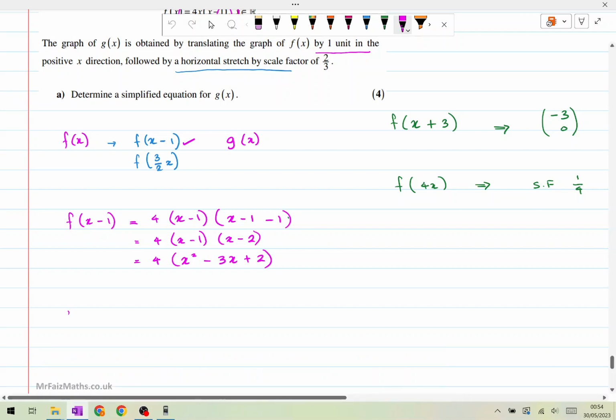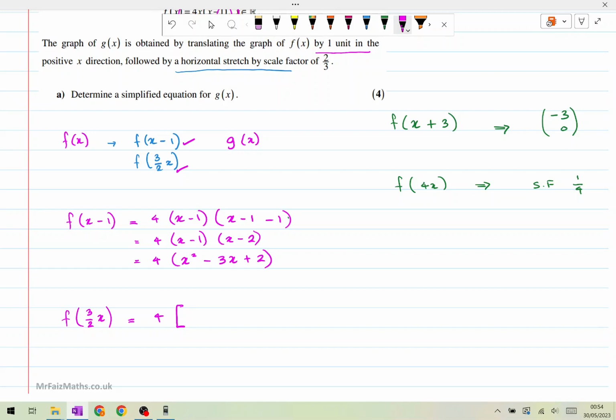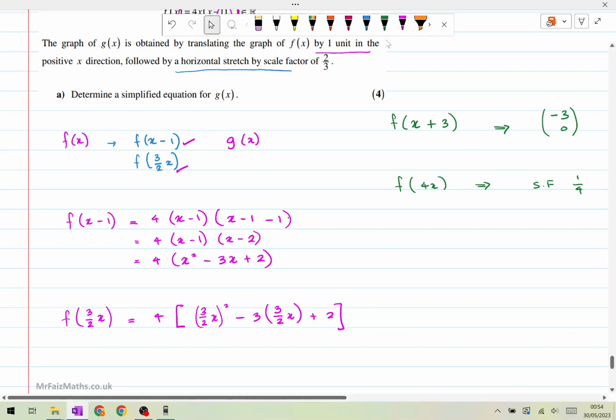Right, so we then need to do f of 3 over 2x. What this means is replace all of your x terms by 3 over 2x. So this x squared will now become 3 over 2x whole thing squared minus 3 times 3 over 2x and then plus 2. Right, so we then just need to expand these brackets.